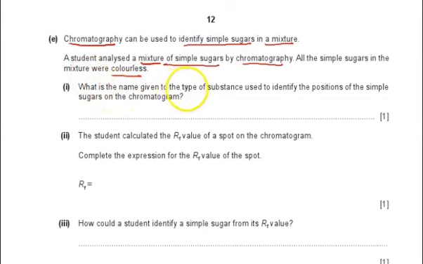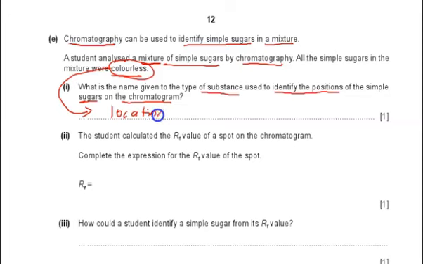What is the name given to the type of substance used to identify the position of simple sugar on the chromatogram? They already mentioned the keyword, which is colorless. When it's colorless, you need to have a locating agent.